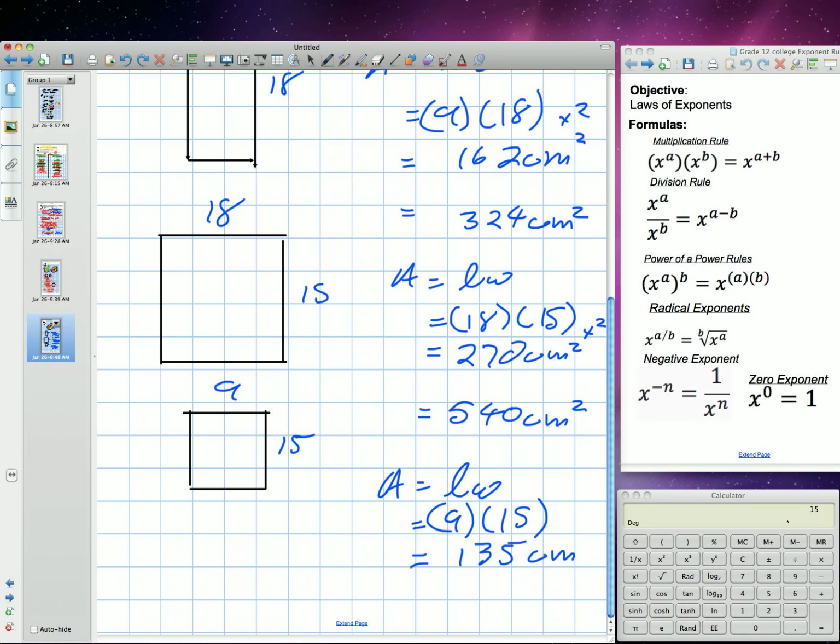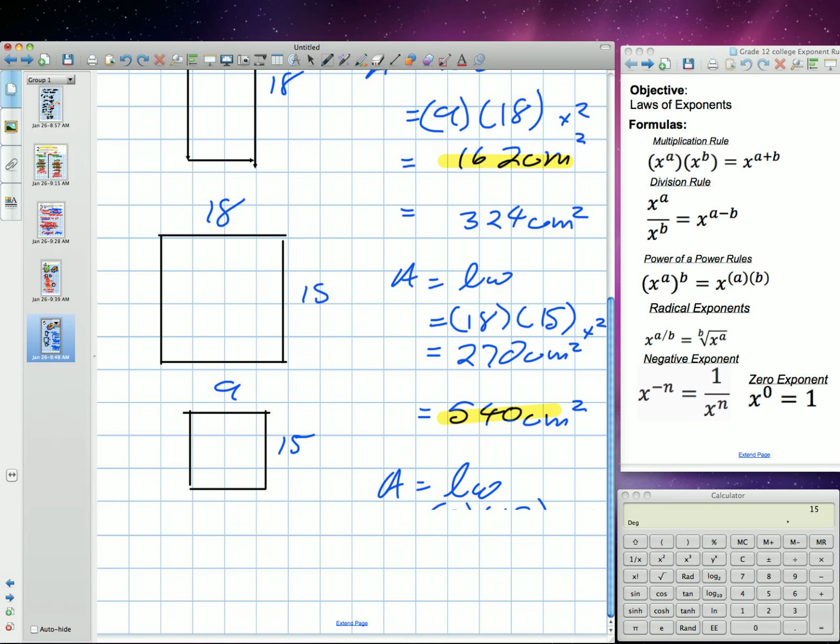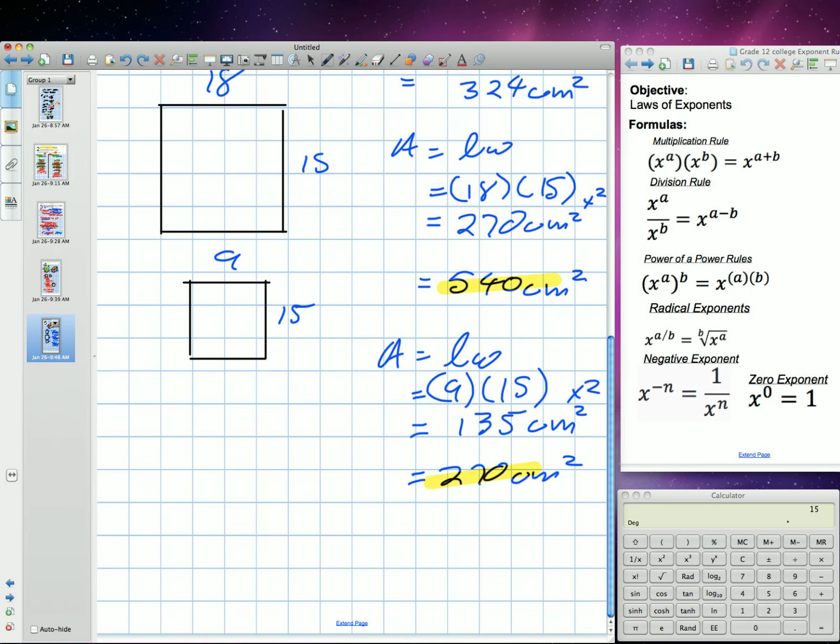So the numbers that are important for us now are this number and this number in terms of surface area. We found the areas of all of the pairs, and we're going to add them together. So the surface area is 270 plus 540 plus, what was the top one we had? 324.